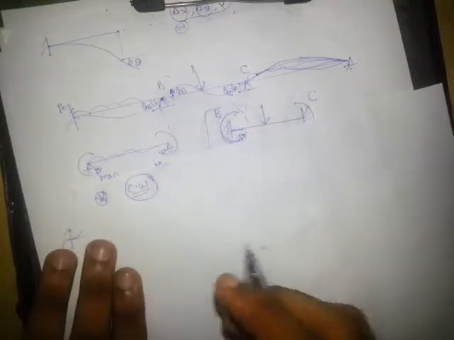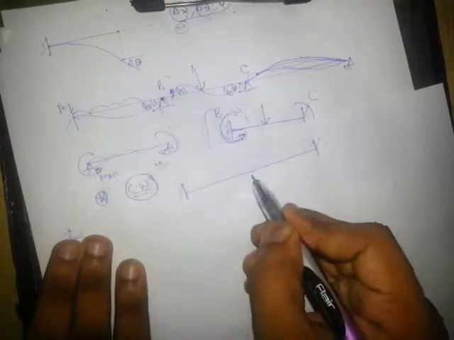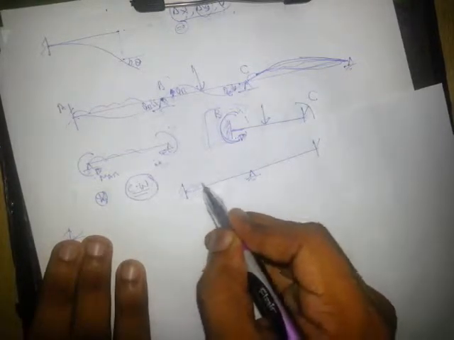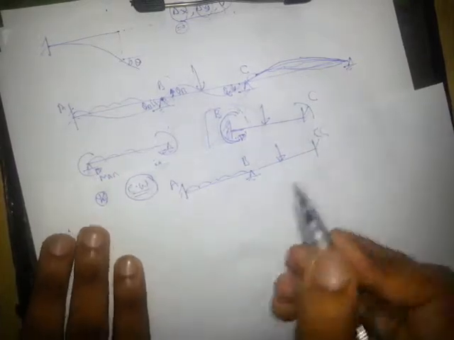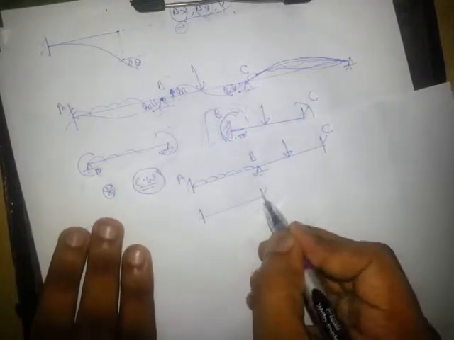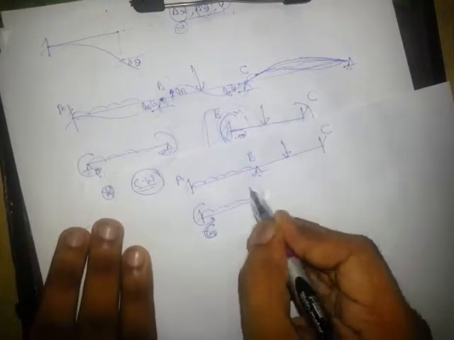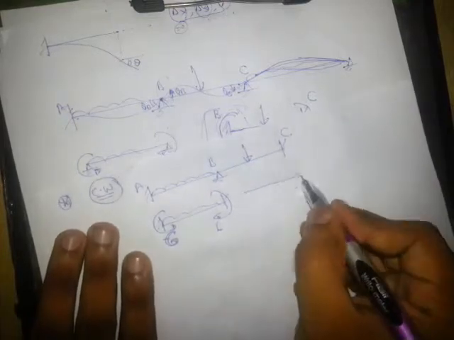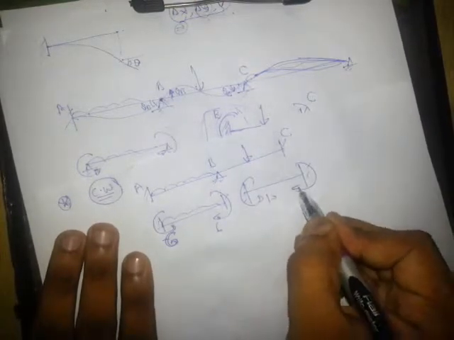Now, for example, we have to solve this question. I will say that this is A, this is B, this is C. First of all, I will write down these values. For example, this is 6 and this is 6, and this value is 10, this value is 10.